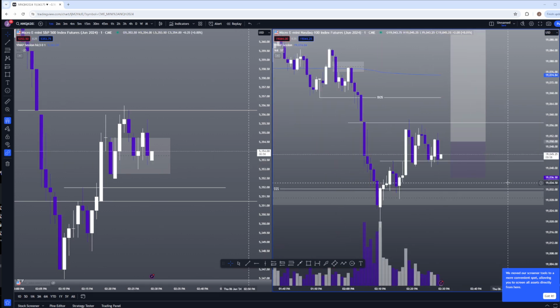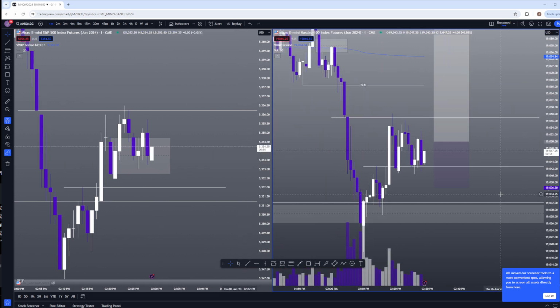So we're just consolidating right now. Don't want to trade during the chop.